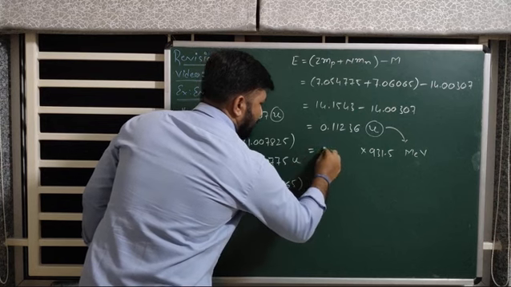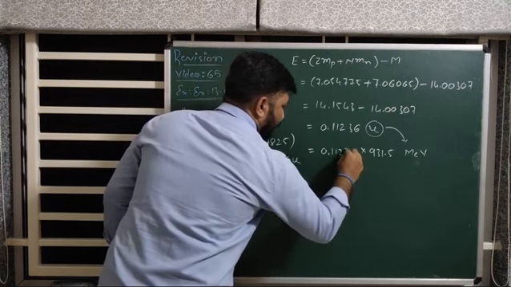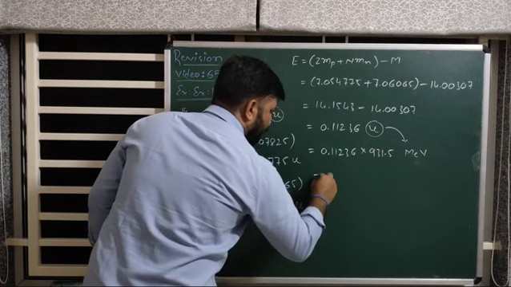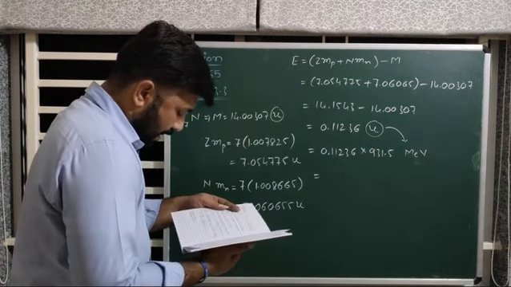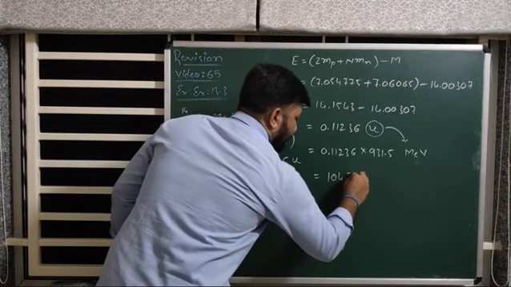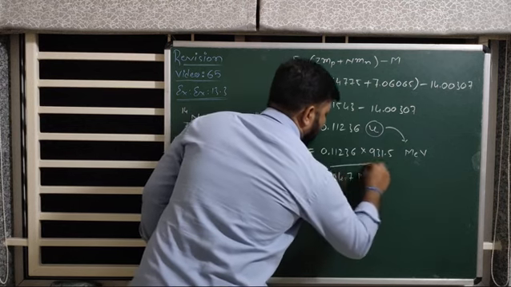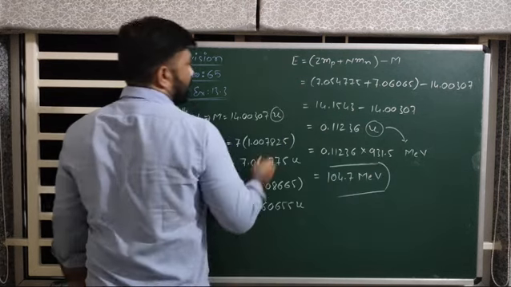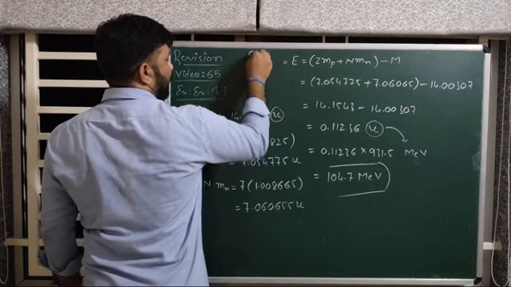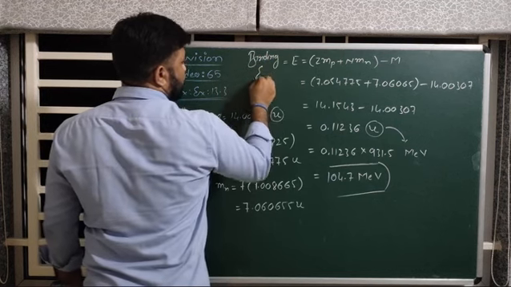So 0.11236 multiplied by 931.5, you will get the answer, 104.7 MeV. So this is the answer. What is this? It is nothing but binding energy.